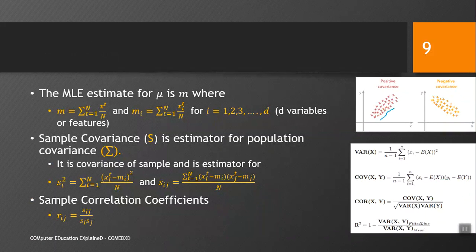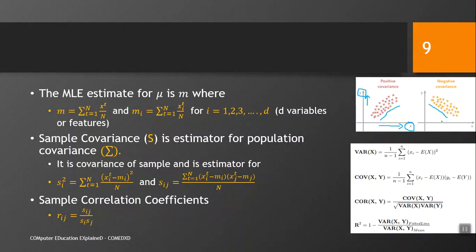Again, this shows a positive covariance and this shows a negative covariance. What is a covariance? We see the variance of x and y; the joint variation of x and y is known as covariance. So as the value of x increases, the value of y also increases, and they are interrelated with each other.